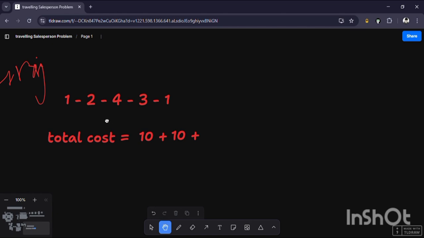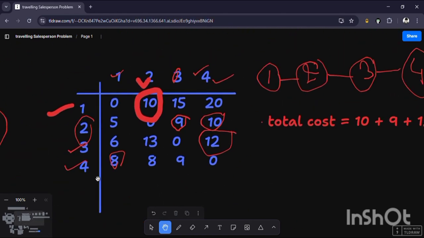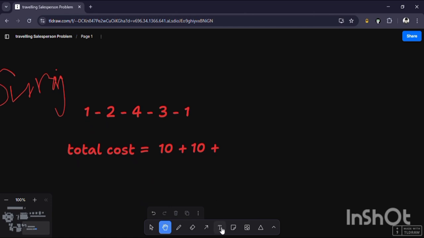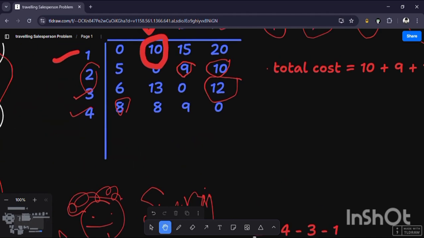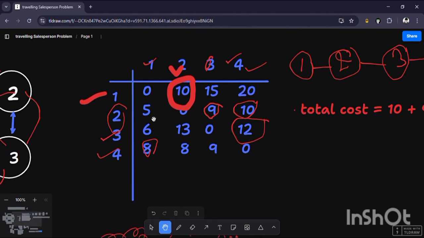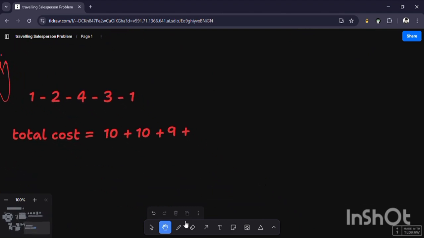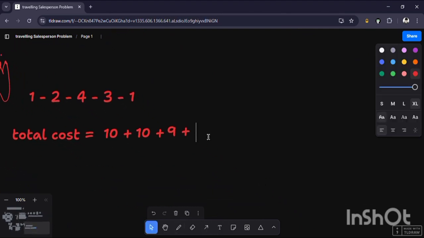Plus, now 4 to 3. 4 to 3, the cost is 9. So let me write 9 here. Plus, now 3 to 1. 3 to 1, cost is 6. So let me write 6 here. And what is the total cost? 20, 29 plus 6, 35.